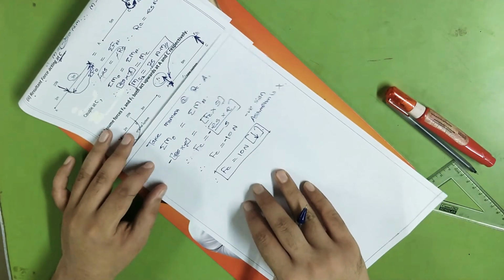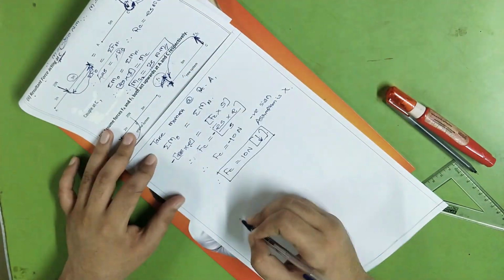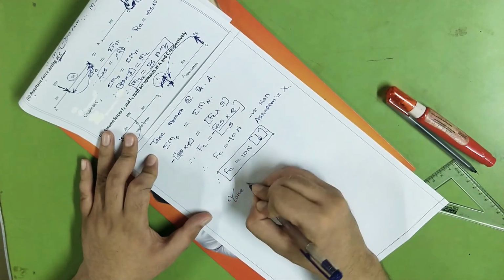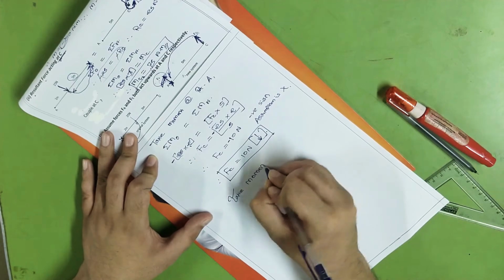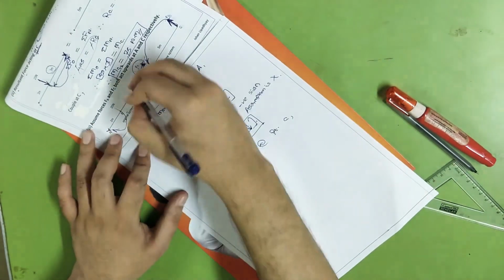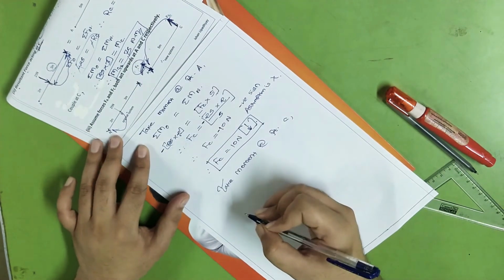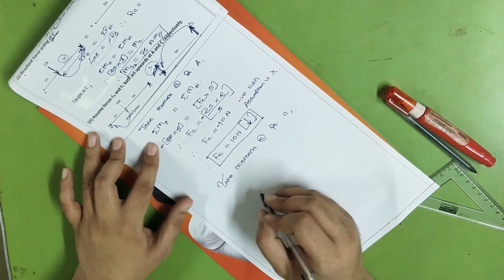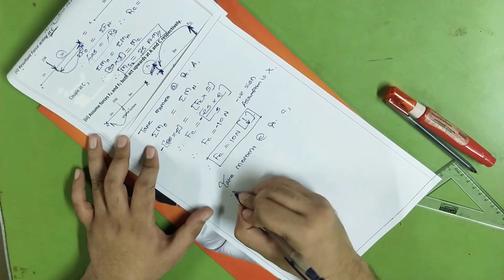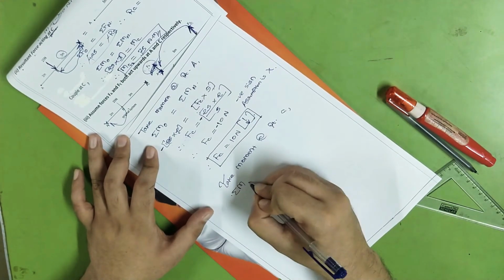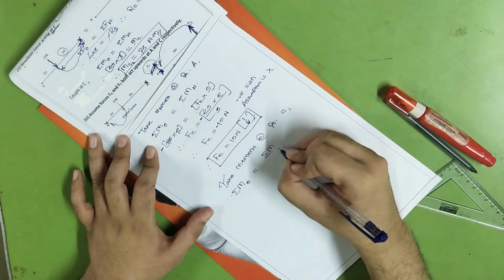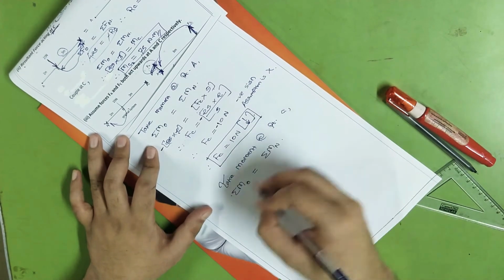And then finally I have to find the last part, that is FA. For FA I'll take moment about point C. First, summation of moment of original system about C is equal to summation of moment of new system.